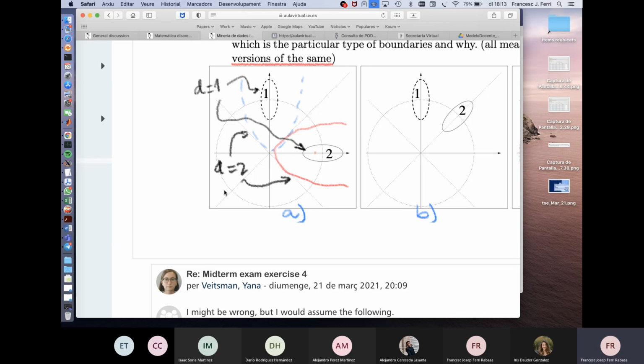You see? So now, what's the class that will be assigned to this point by the Bayes classifier? 2. So something must be wrong. The boundary cannot be just this.